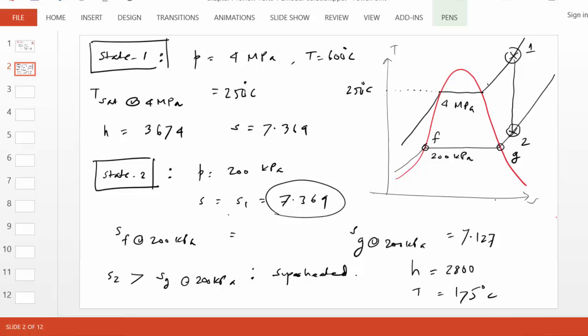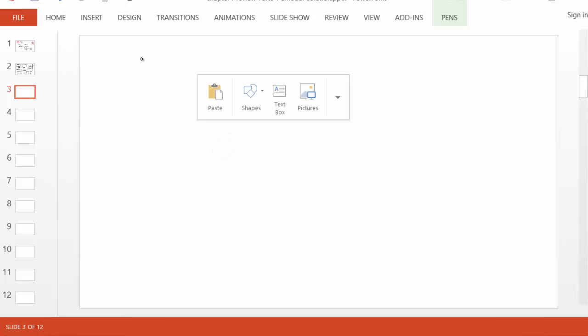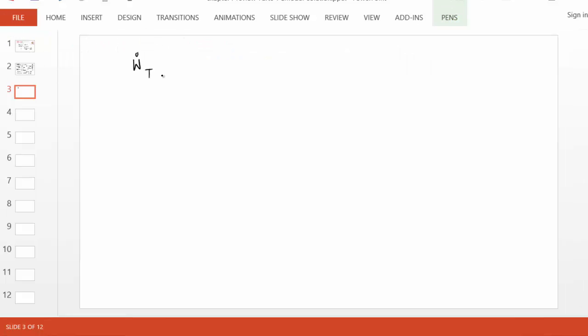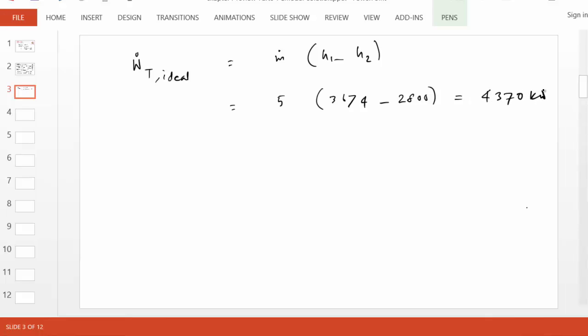Now that we know state 1 and 2, we can go and find the ideal turbine output in an instant. W dot turbine ideal, and this time for PC model obviously, is m dot times (H1 minus H2), which is 5 times our H1 of 3674 minus H2 of 2800, and that gives us approximately 4370 kilowatt.